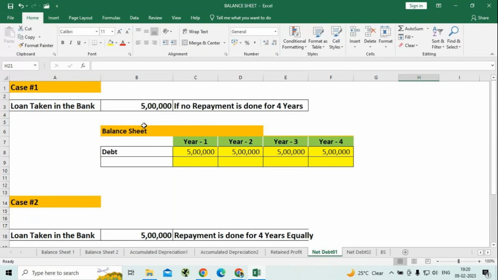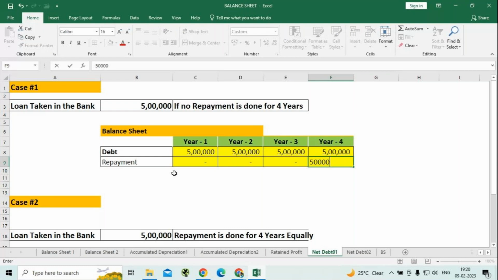If the loan taken is 5 lakh and no repayment is done for 4 years, we don't pay every year, so the repayment will be 0, 0, 0, and in the fourth year we pay it.